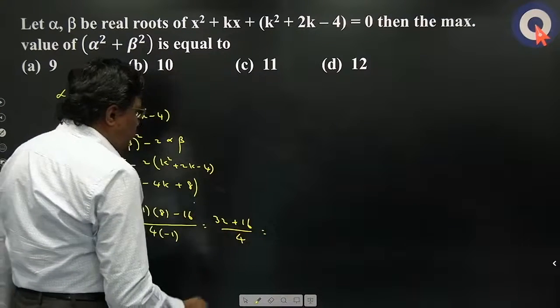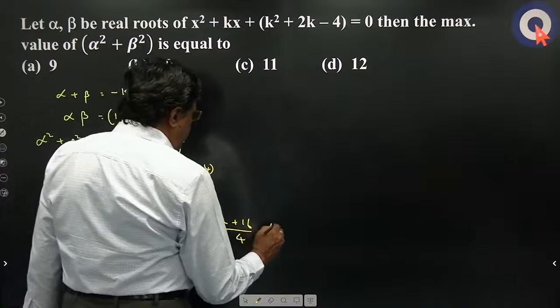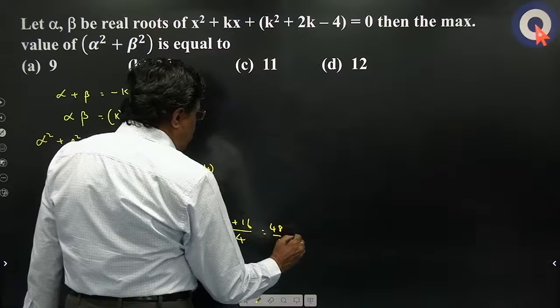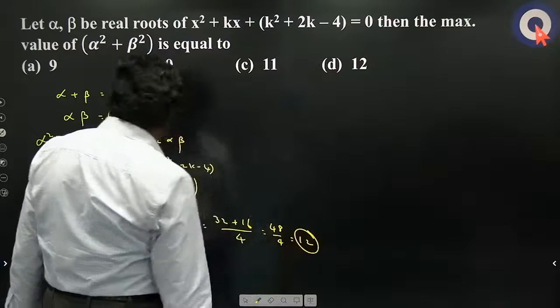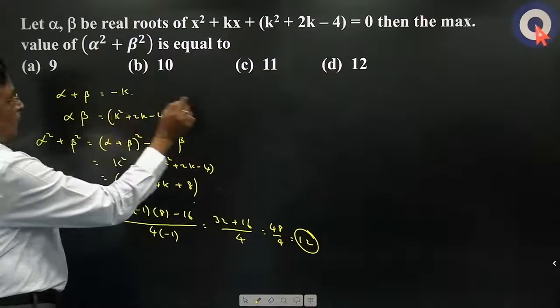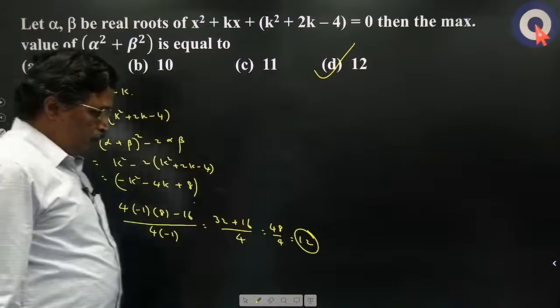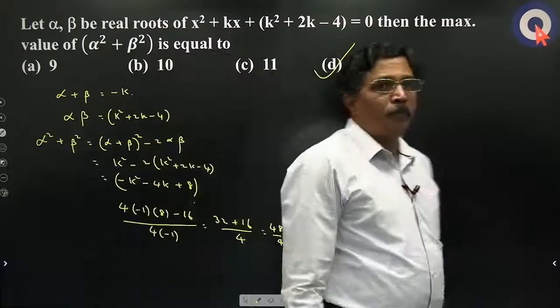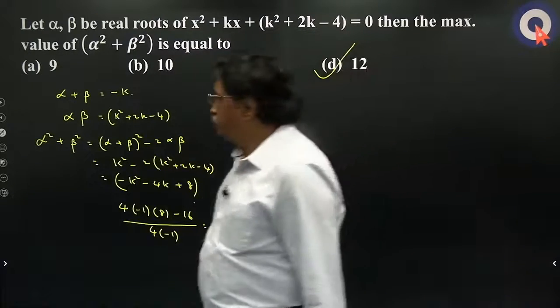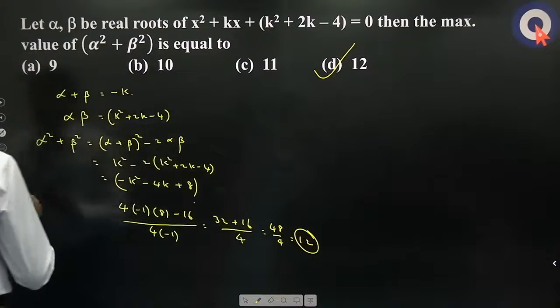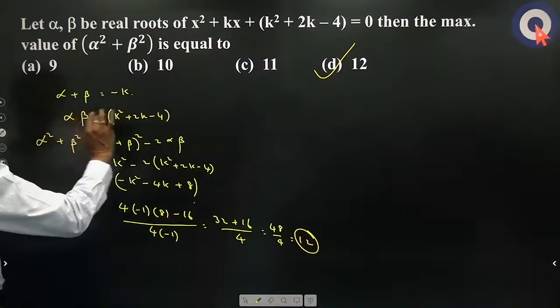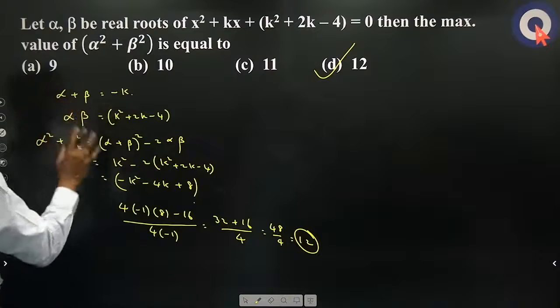So what I get is 48 by 4, which happens to be 12. So the maximum value is 12. So quite a simple problem. Basically, there is no complicated idea involved in this problem.